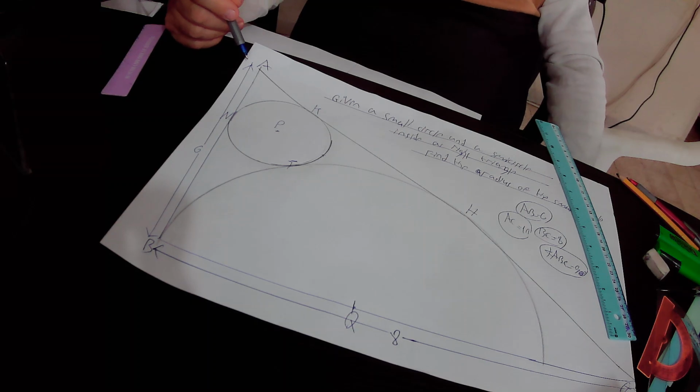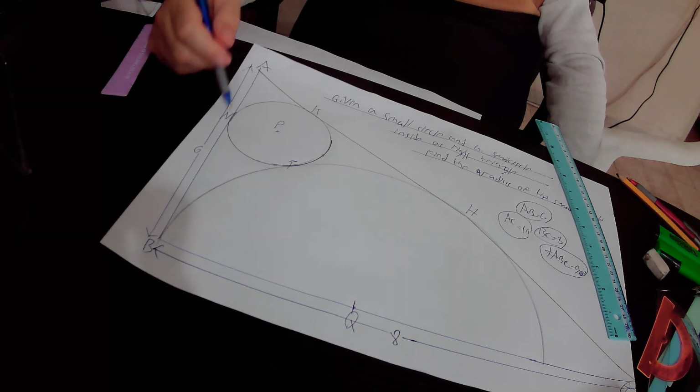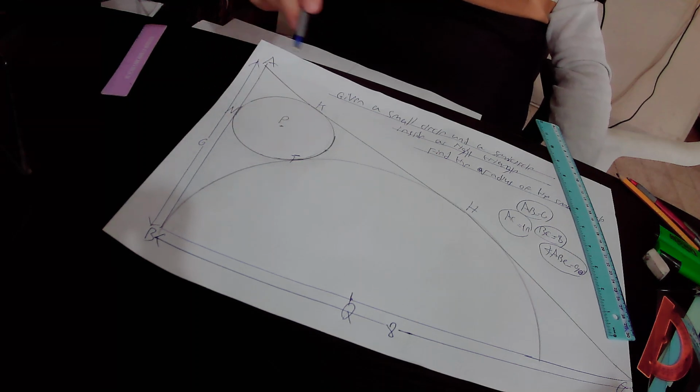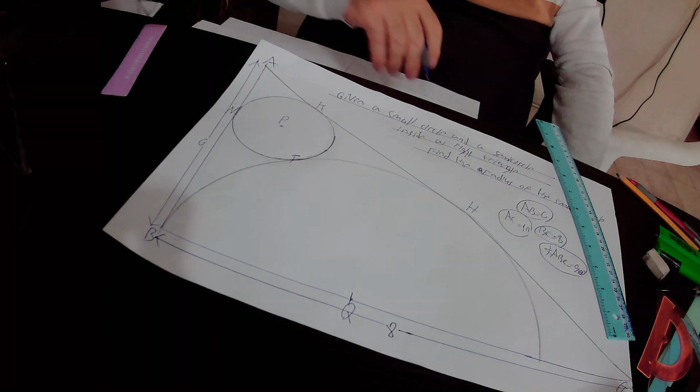According to rule 2, they are equal to each other. Also, from point A we have two tangents to this big semicircle, tangent AB and tangent AH. According to rule 2, they are equal to each other. That is to say, AB equals AH.